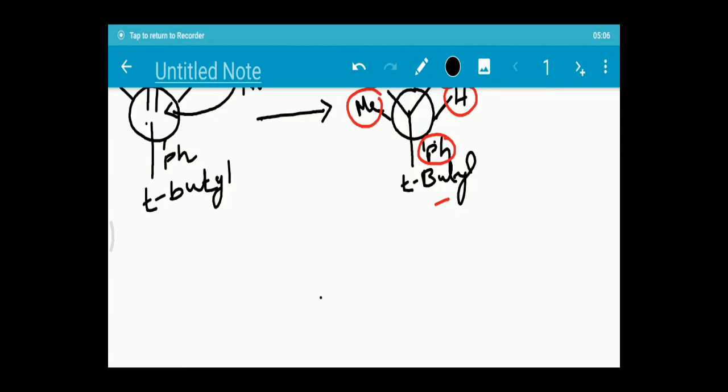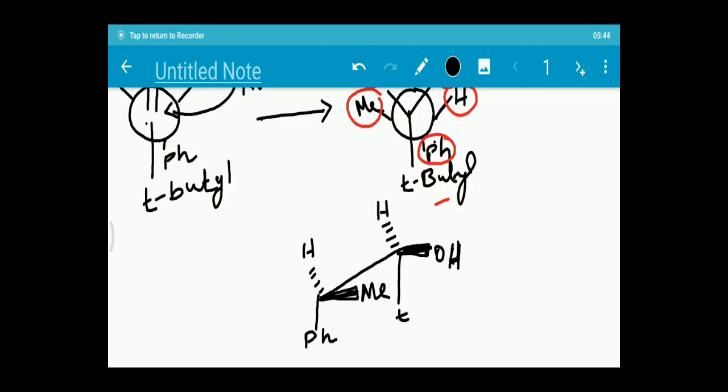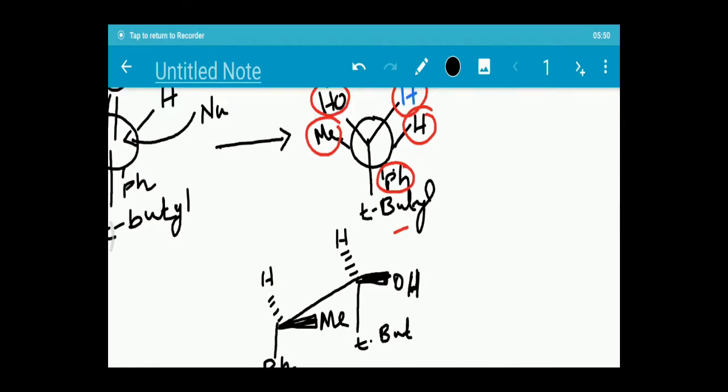I'm going to view the molecule from the chiral carbon side, and I will have my hydrogen here, my methyl group here, my phenyl here, and on my other carbon I have my hydrogen here, my OH group here, and my tertiary butyl here.